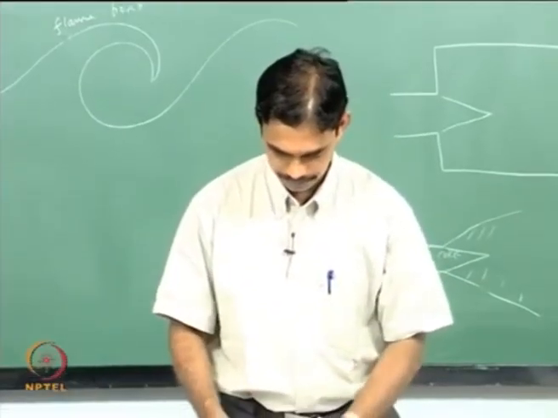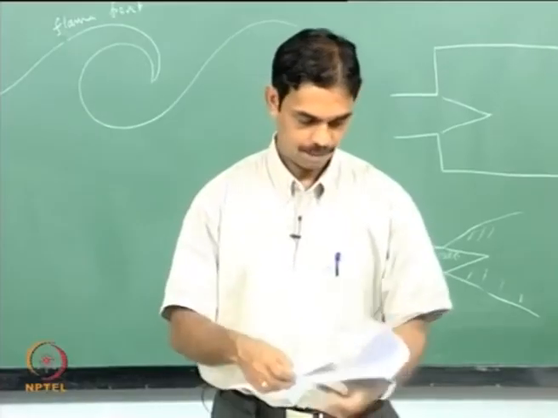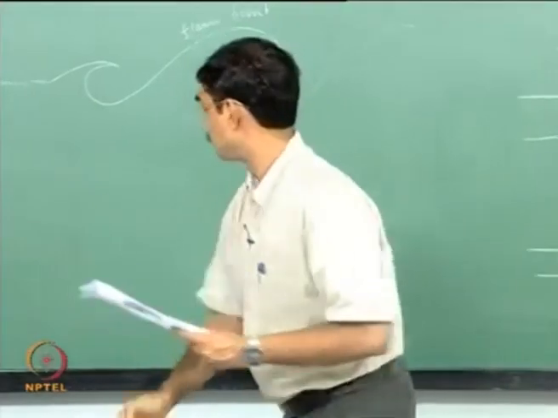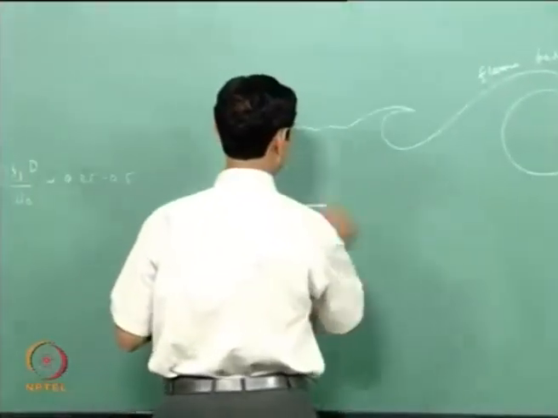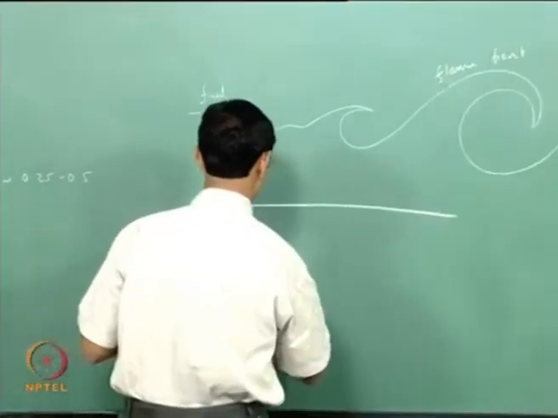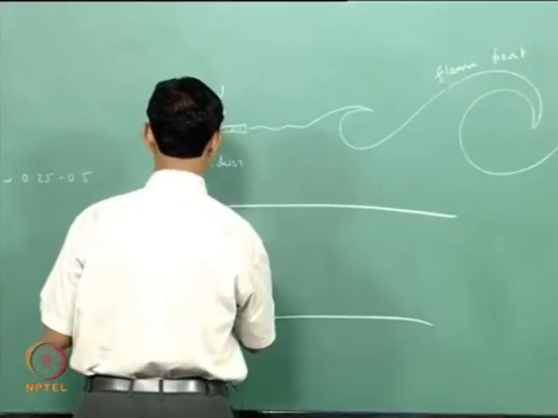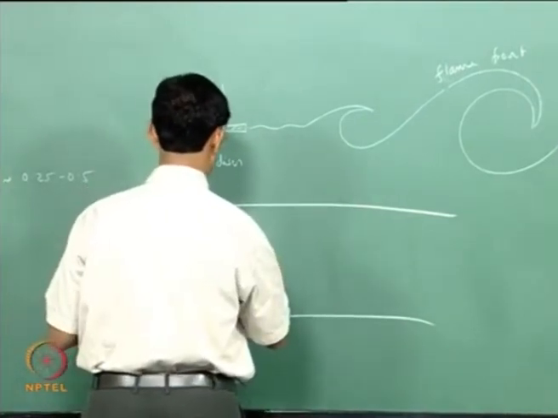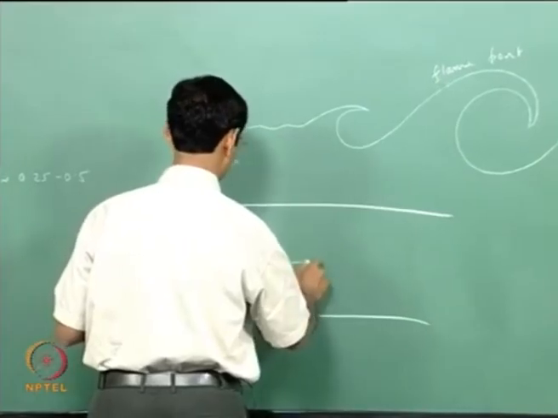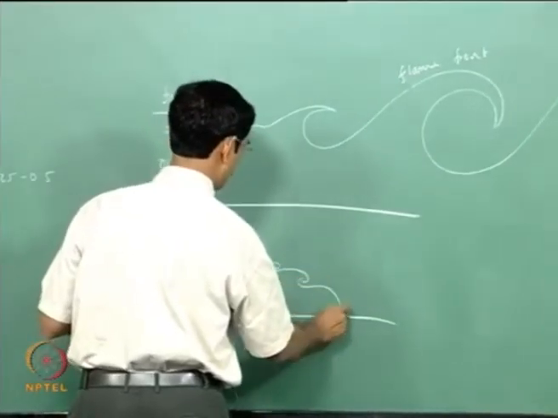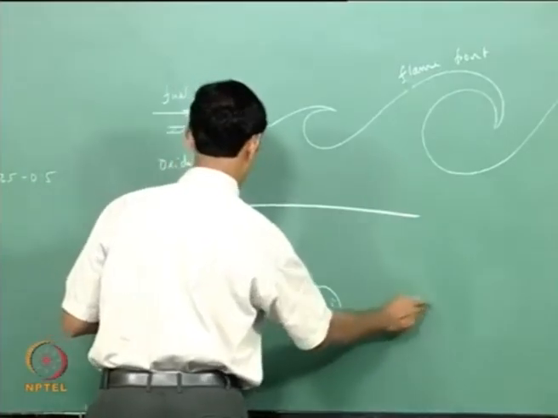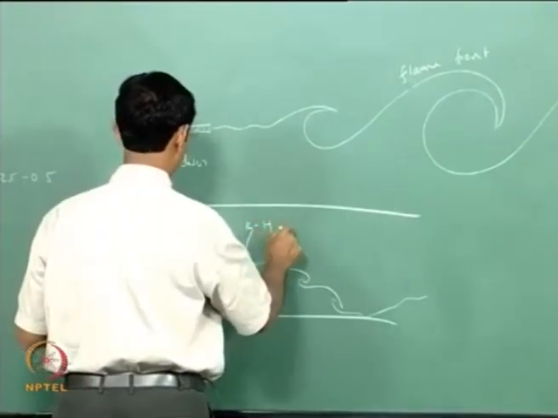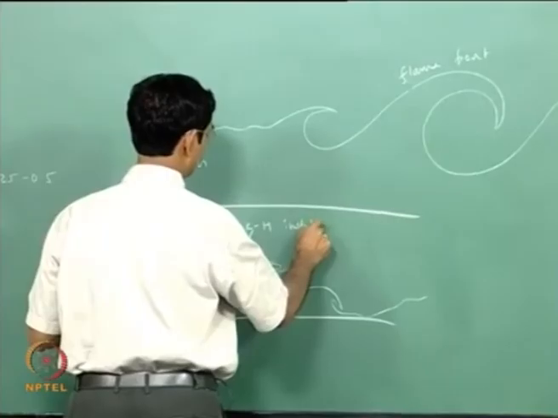Let me try to draw a picture. You can have either a premixed or a diffusion flame, in either way it is coming this way. So you do have a Kelvin-Helmholtz instability.